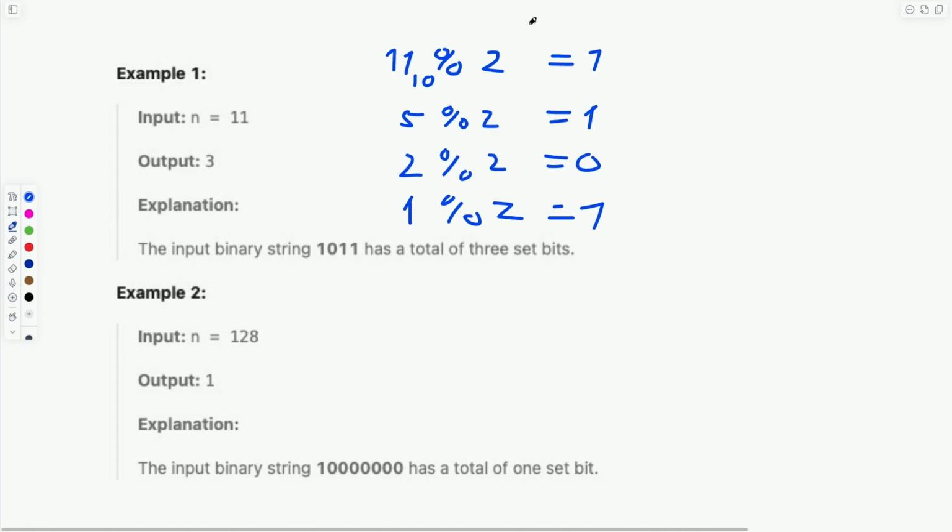And what this tells us is that 11 in base 10, in decimal form, is the same as, we have to read from the bottom upwards, 1, 0, 1, 1 in base 2.